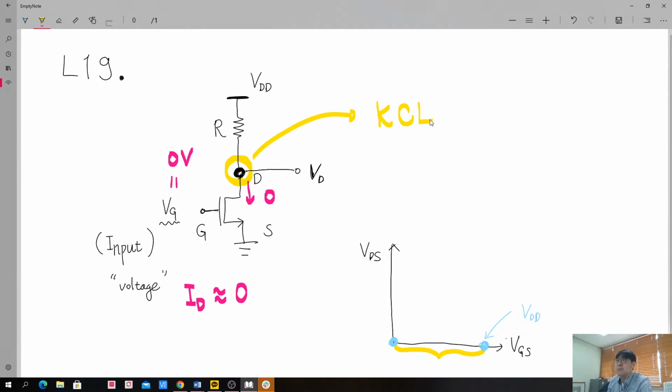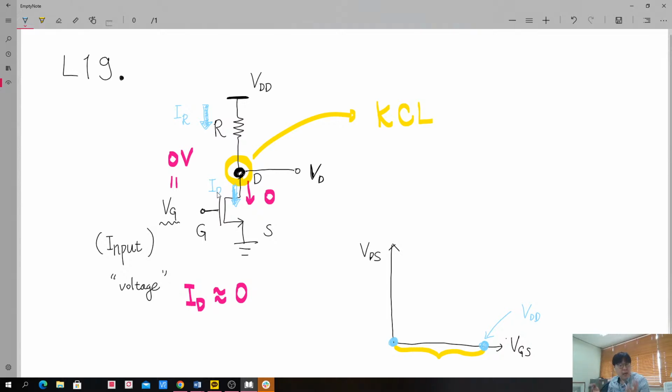If we say the current flowing through the resistor is denoted as IR, and the current flowing through the drain terminal is ID.